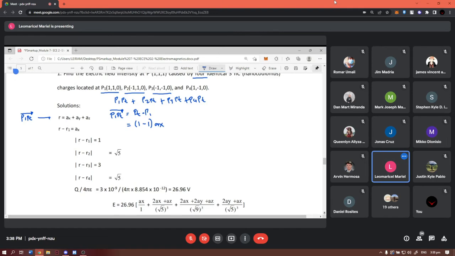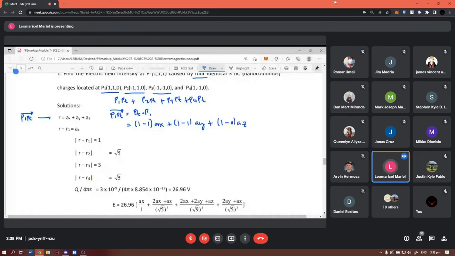AX. Tama. Susunod, P1 mo, ang P mo ay 1 ulit, minus 1 ulit, AY. Then, the last will be plus 1 minus 0, AZ.